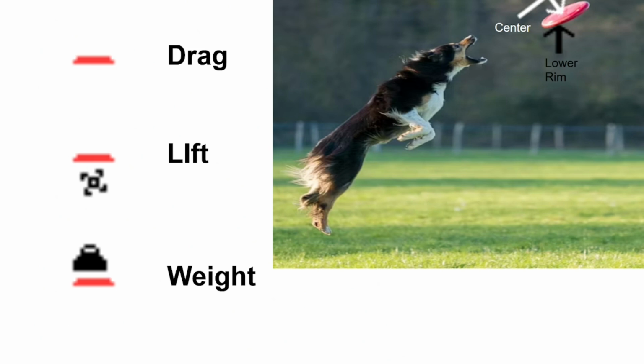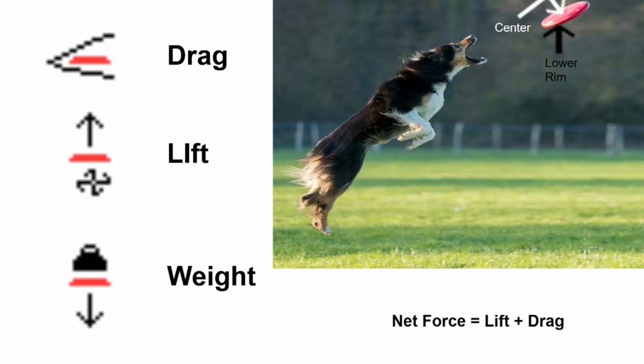So the less drag a Frisbee has, the further it will be able to go. Because of air's property of exerting a net force on an object, net force being lift plus drag, when a Frisbee travels through the air, the air on top of the Frisbee will begin to travel faster than the air on the bottom of the Frisbee.